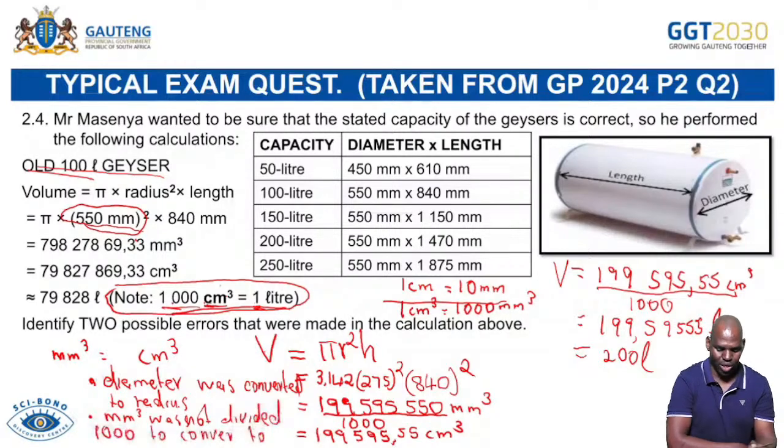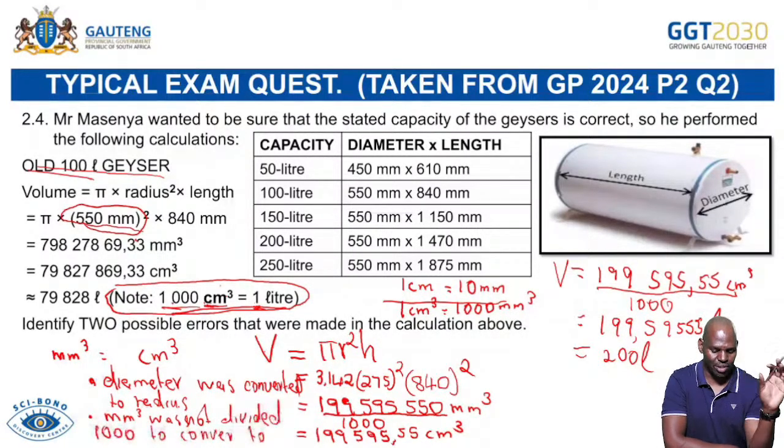Okay, sorry, I don't have enough space there. But the first point is diameter was not converted to radius. And also the second point, when they changed the millimeter cubed to centimeter cubed, they should have divided by 1000, which they did not. That is the mistake there.